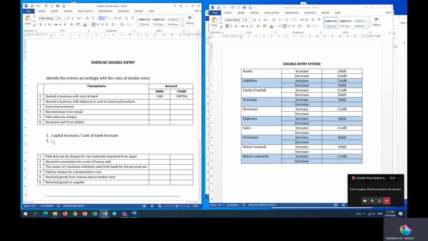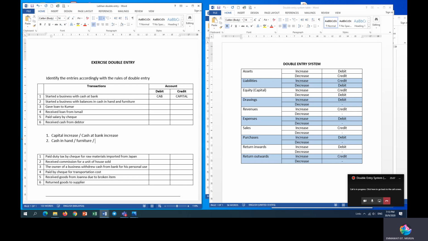Jadi kita tulis siap-siap. Kita ada account cash in hand dan kita ada account furniture. Okay, yang ni agak istimewa sikit sebab kita ada lebih daripada 2 account.